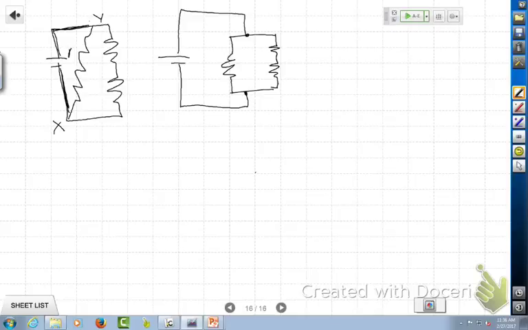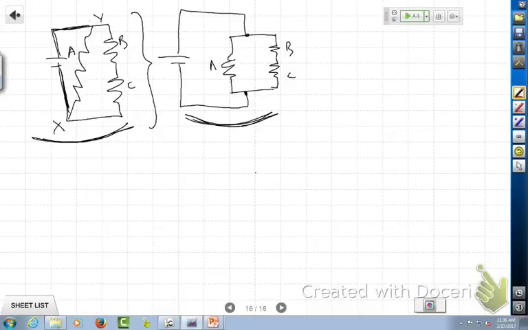So if I have A, B, and C, I have A, B, and C. Now, in principle, there's no reason to change your diagram, but I find this one hard to analyze because it's not nice and set. I prefer to have this one looking like this. It just is clearer to me. I'm going to contrast these two.